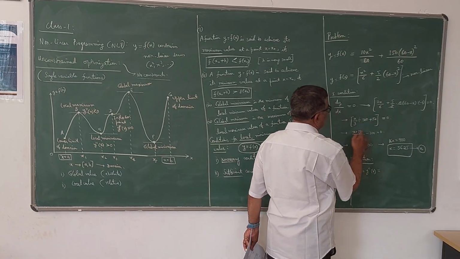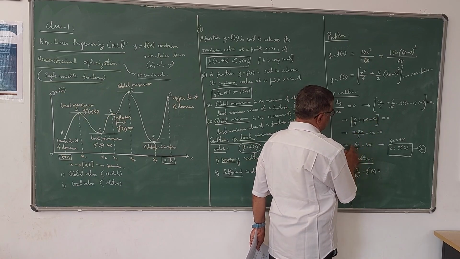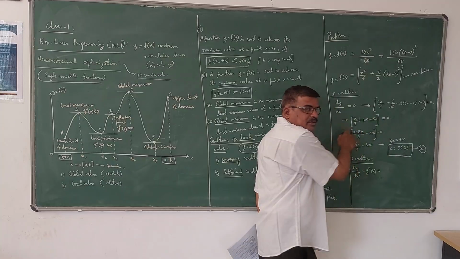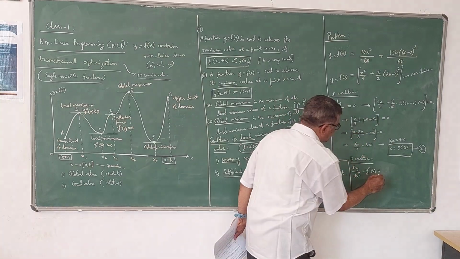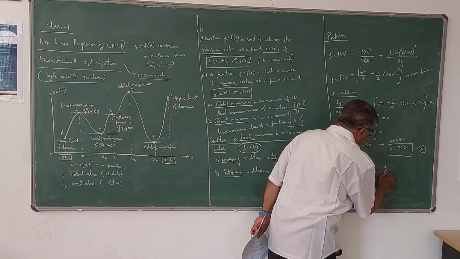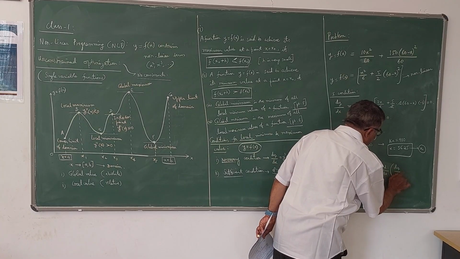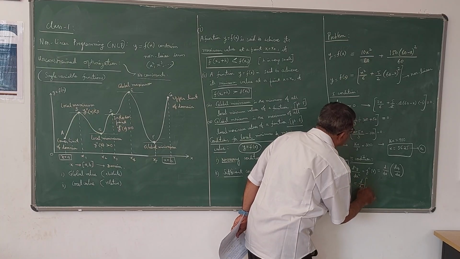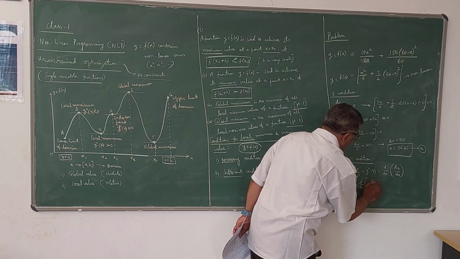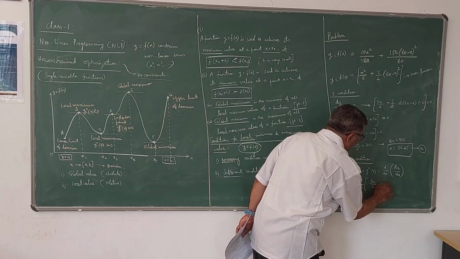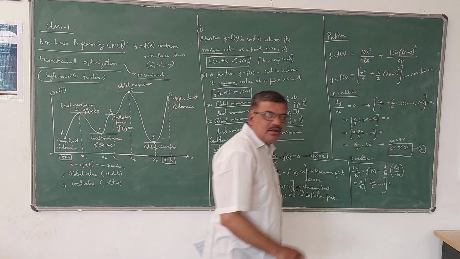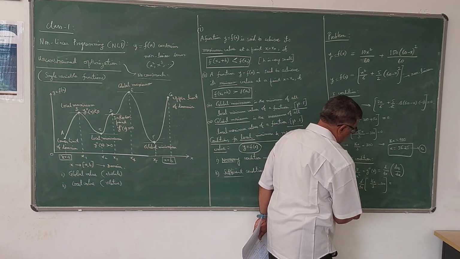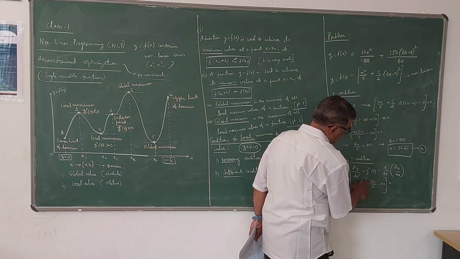It is nothing but d by dx of dy by dx, which is d by dx of (16x by 3 minus 300). This is dy by dx.